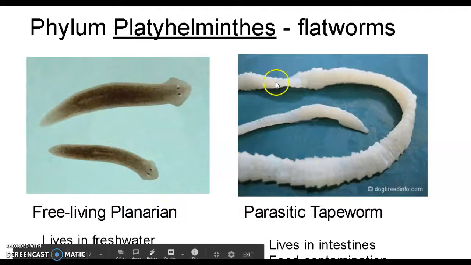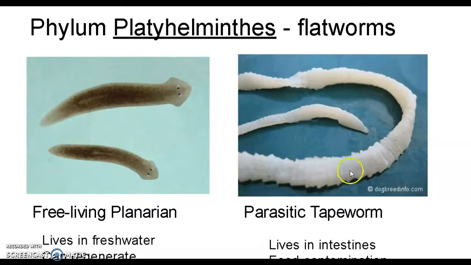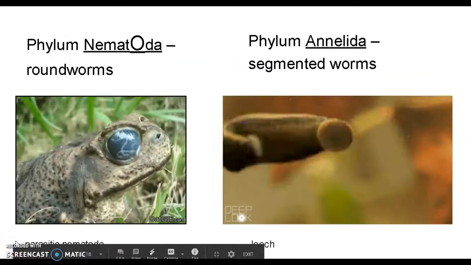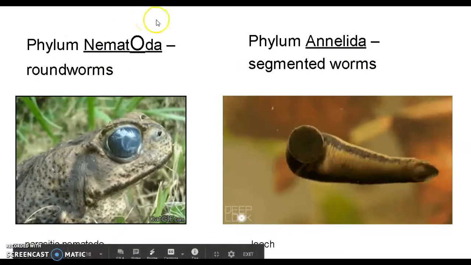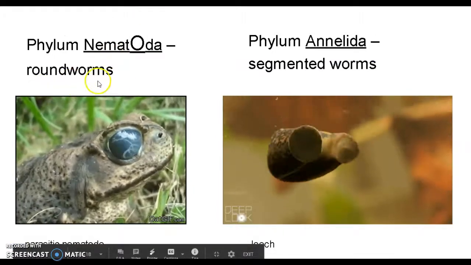And then we also have this guy. This is a parasitic tapeworm that could live in your intestines as a result of eating contaminated food. But that is another animal in the phylum Platyhelminthes. Next, we have phylum Nematoda, and these are roundworms.